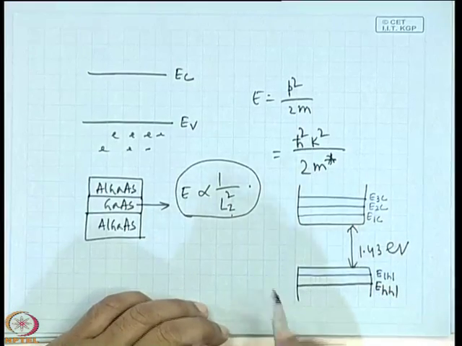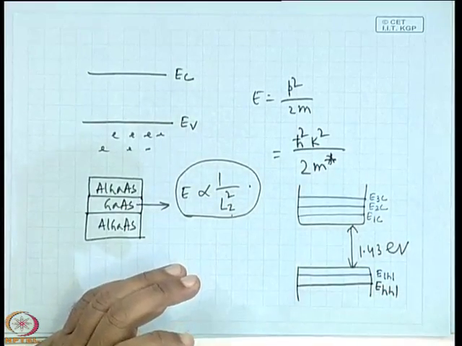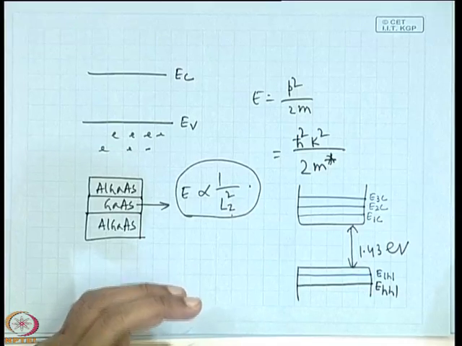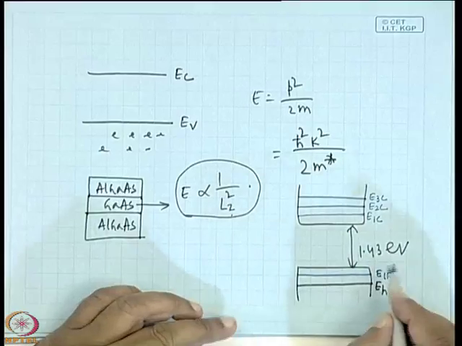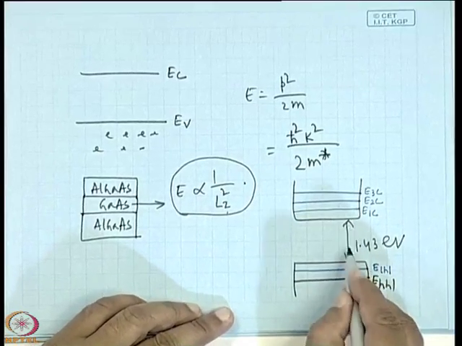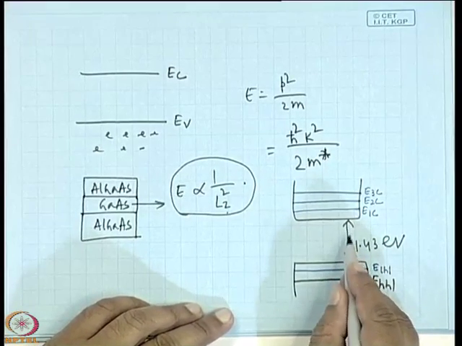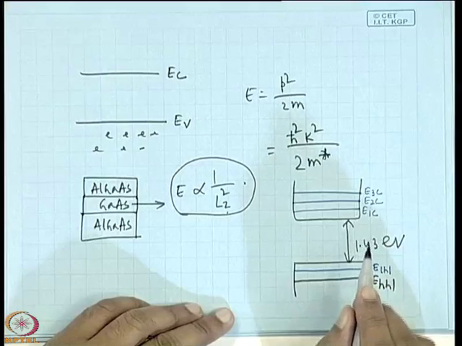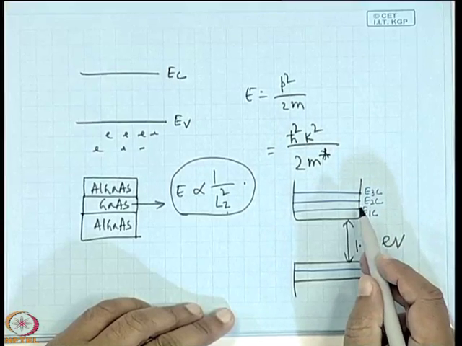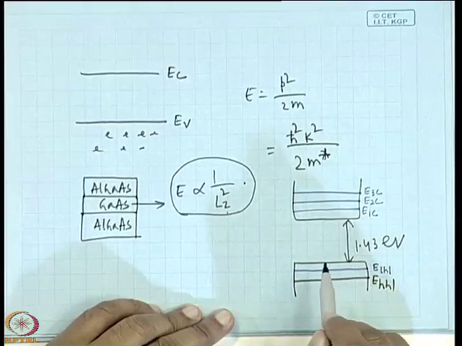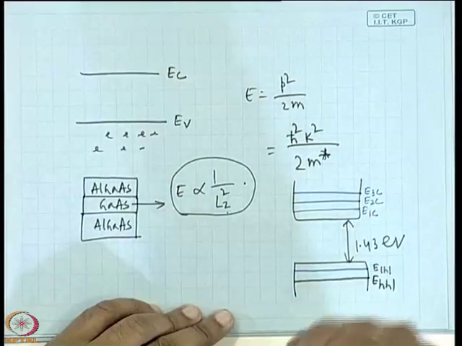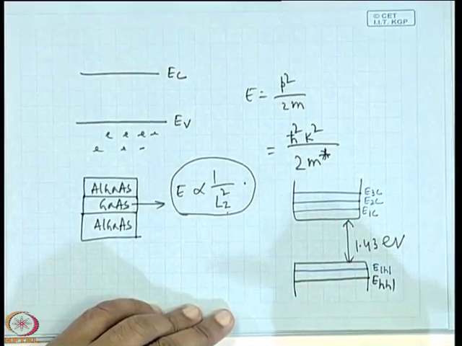Now, what is the implication of this? In the first case, in gallium arsenide only a transition of 1.43 is available. That means if an electron moves from the valence band to the conduction band, then how much energy is required? 1.43 electron volt.